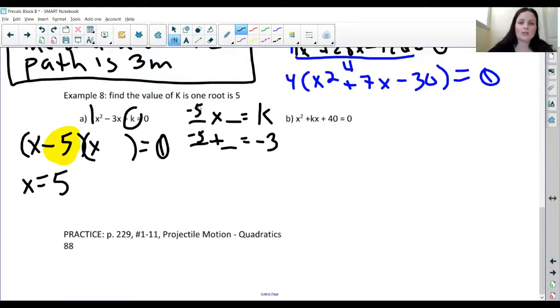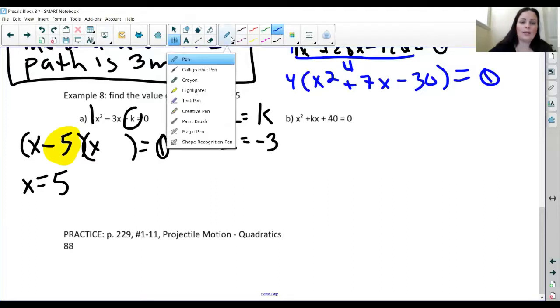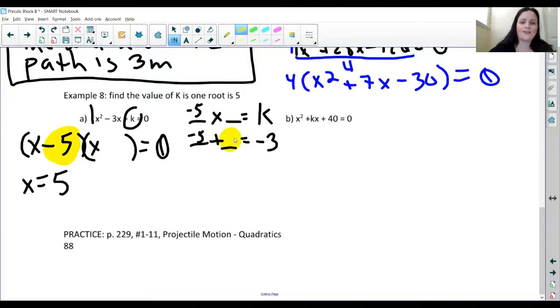Okay. So now I have to think, well, what plus -5 is going to give me -3? And the answer is 2. Another way to solve for this is you could add 5 to both sides, okay? And you would get this blank equals -3 plus 5, which is 2.